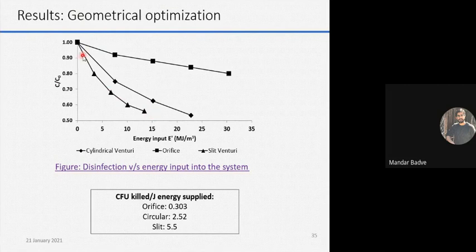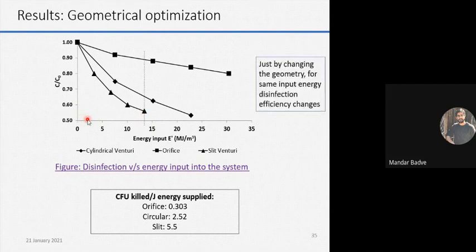As you can see, as the amount of input energy increases, the overall disinfection efficiency increases, and the highest energy efficiency was observed for the slit venturi, where for the lowest input energy we saw the highest disinfection, right?